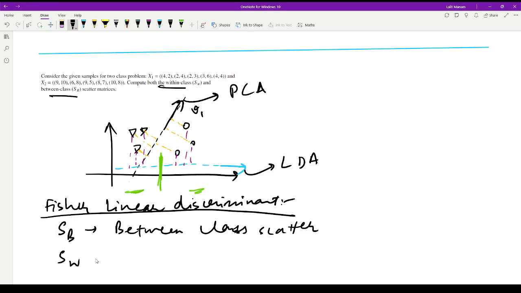And when can you use this kind of analysis, discriminant analysis?